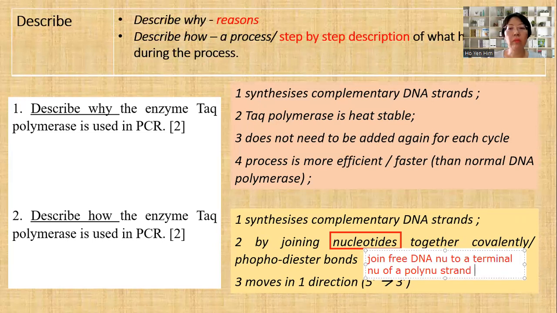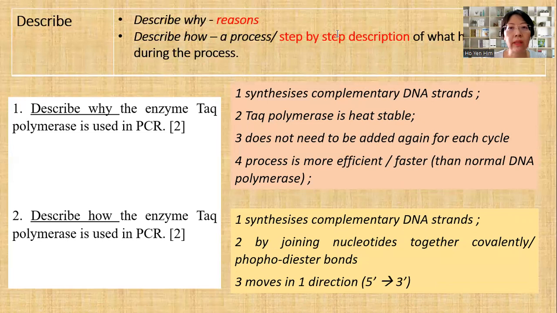That is more accurate because it cannot join a free nucleotide to a free nucleotide. It must join a free nucleotide to a short DNA strand, meaning a short single-stranded DNA. So that's what it can do. So write accurately exactly what it does.